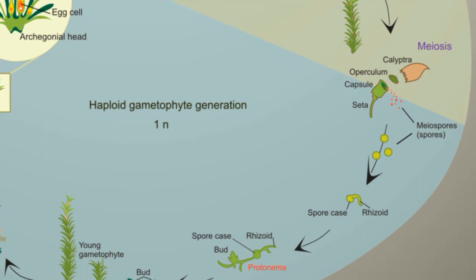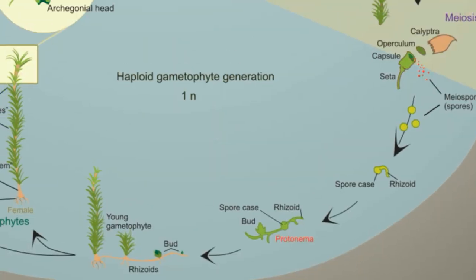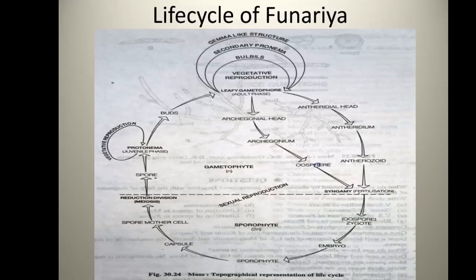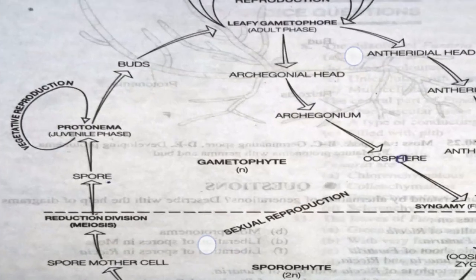The capsule is a very complex structure. It has to spread the spores, and the spores germinate to form this young plant-like structure.